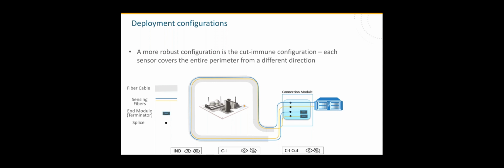If you have a cable with one fiber in it, you're almost guaranteed to have multiple other fibers. So we would put that second fiber for the cut immune in the same cable, right in the same tube, in fact, so that both fibers have the same path length around the system.